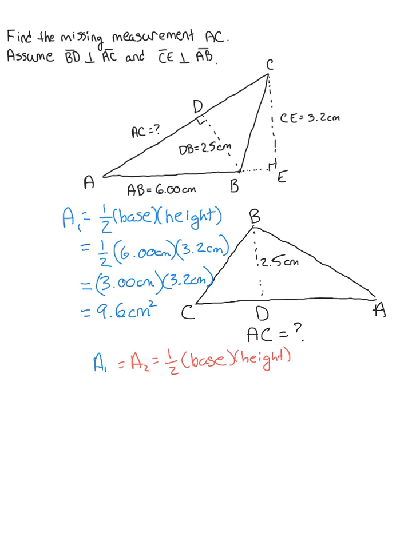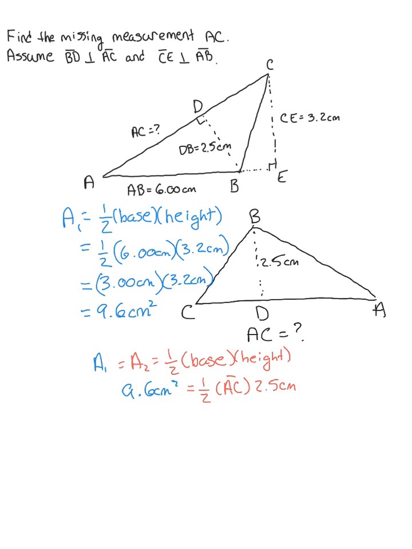So let's fill in some numbers here. We know the area of the first triangle was 9.6 centimeters squared. And for the second, the base is what we're looking for, the length of AC. The height we know, which is 2.5 centimeters.